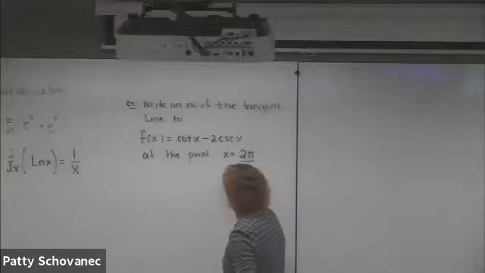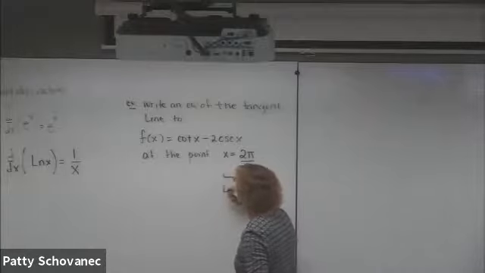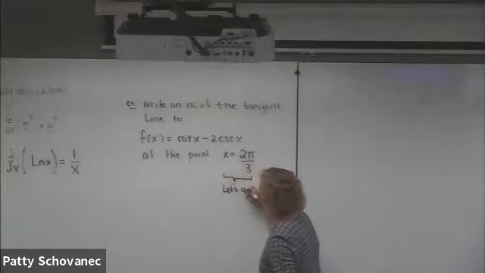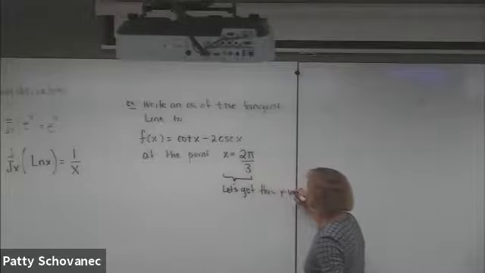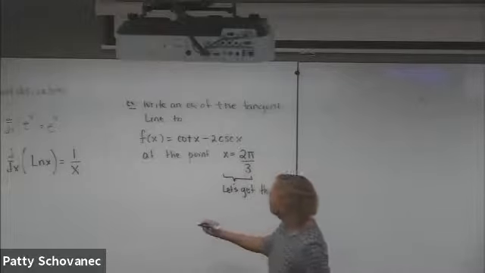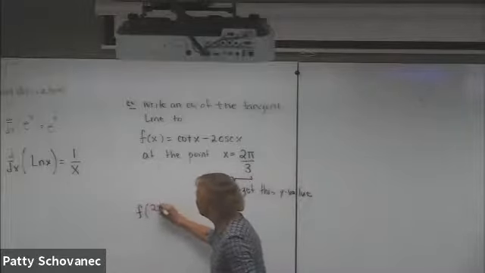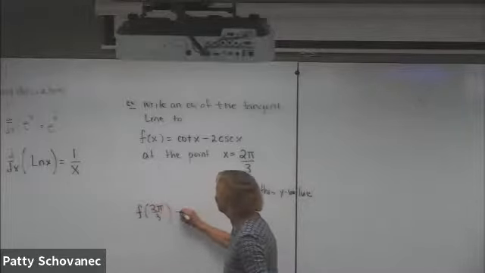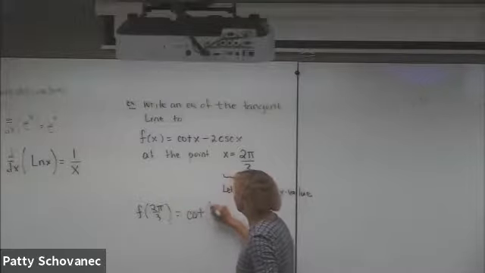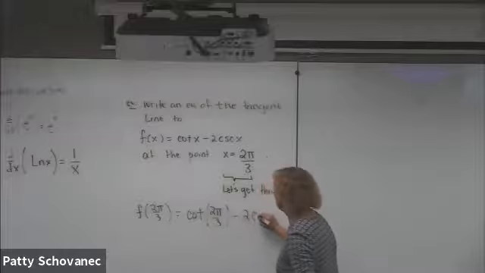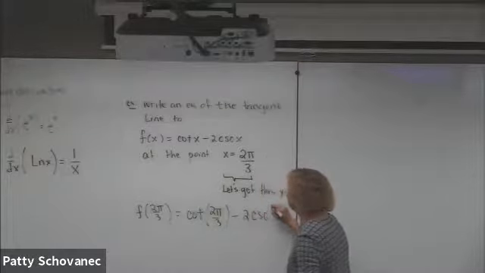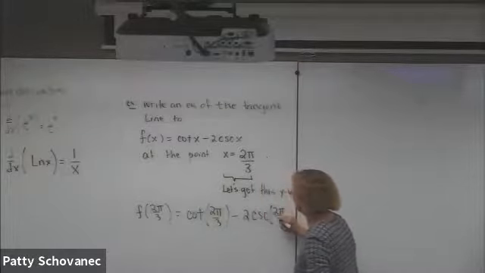First, find the y value that goes with this. We need f at 2 pi over 3, which is the cotangent of 2 pi over 3 minus 2 times the cosecant of 2 pi over 3.